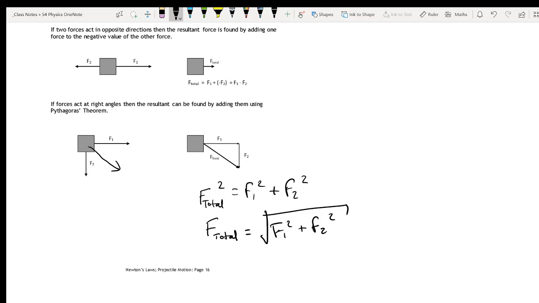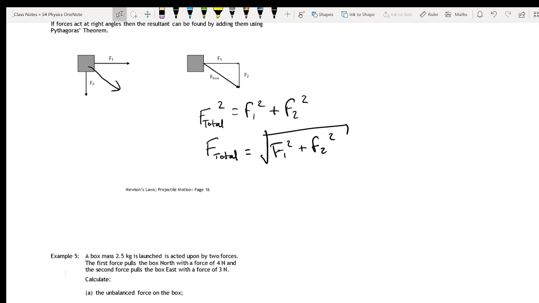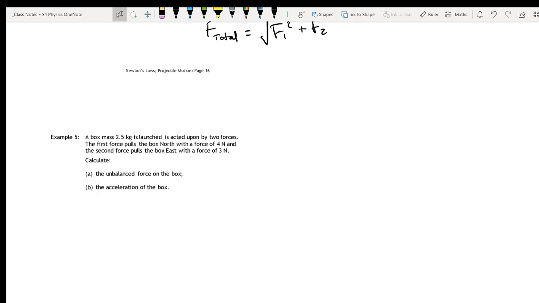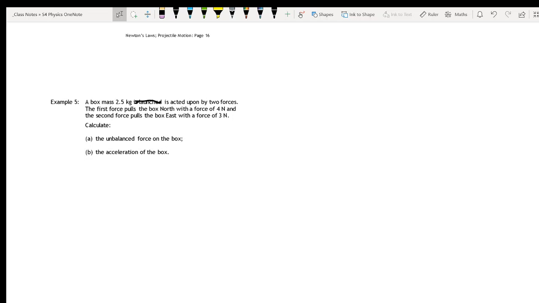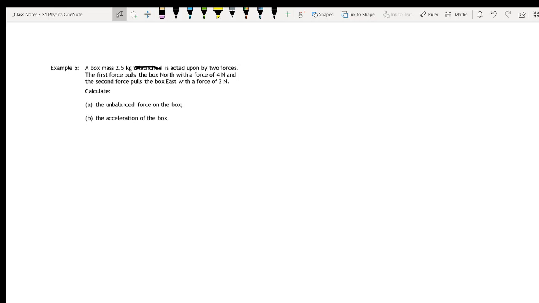Okay, so page 17 is an example of this, so we can go through one. Example 5. A box of mass 2.5 kilograms is acted upon by two forces. The first force pulls the box north with a force of 4 newtons, and the second force pulls the box east with a force of 3 newtons. Calculate A, the unbalanced force on the box, and B, the acceleration.